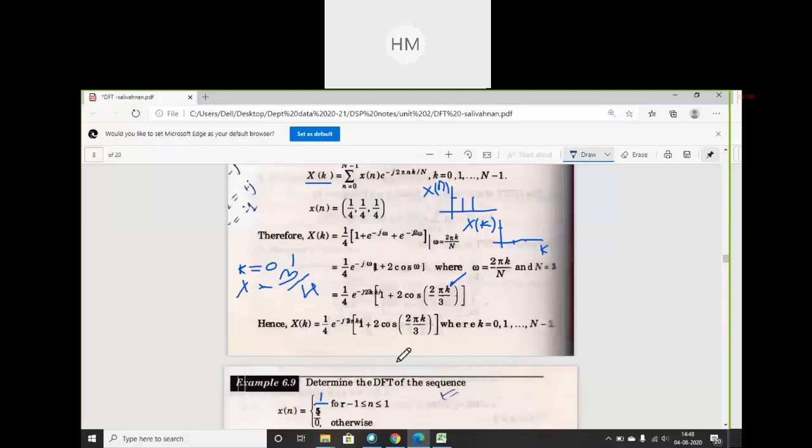That means again for 3 samples -1, 0 and 1. Otherwise the values are 0. So again we are having 3 samples for values -1, 0 and 1. We are having sample values for -1 also.